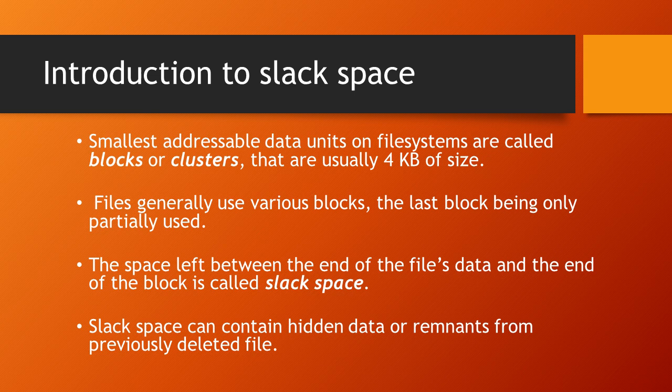If the file size isn't an exact multiple of the block size, the last allocated block is only partially used to store the file's data. The space left between the logical end of the file and the end of the block is called the slack space.